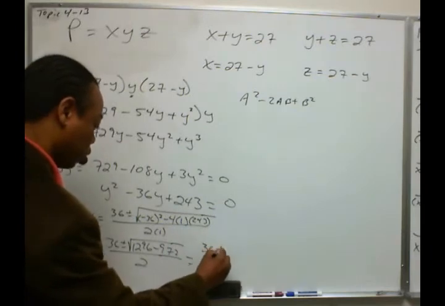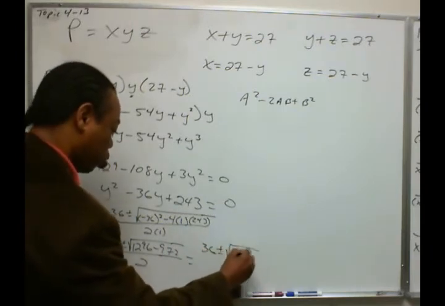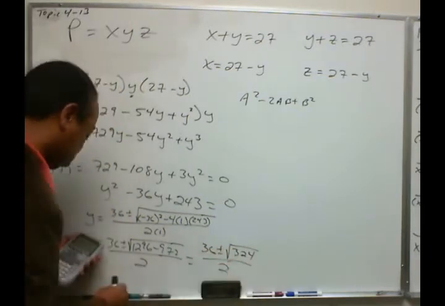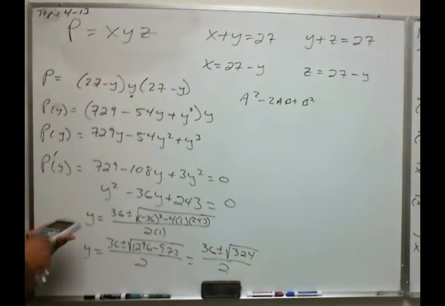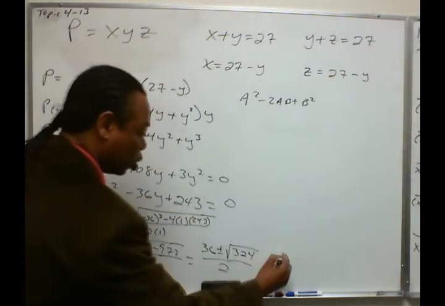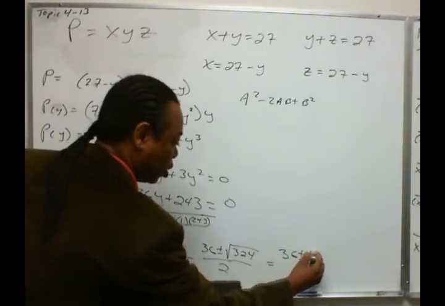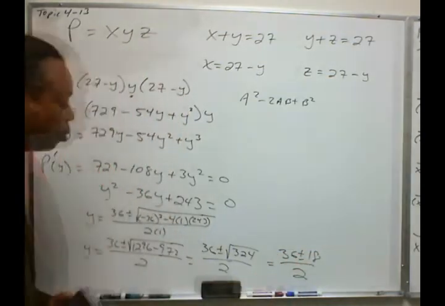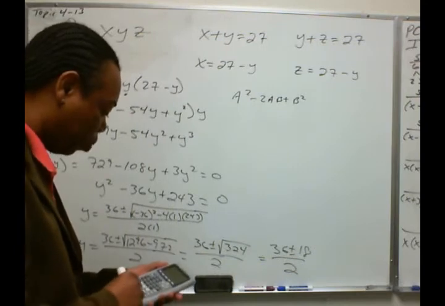So 36 plus or minus the square root of 324, all over 2. Now, I'm going to attempt to take the square root of 324, and it comes out to be 18. So what we have is 36 plus or minus 18, all divided by 2. Okay, now we have two potential values of y.